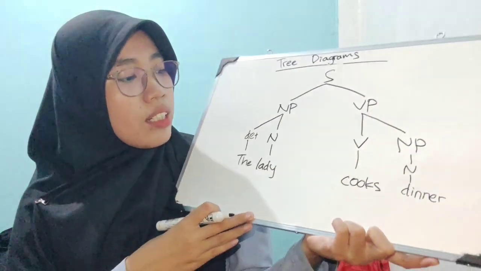So with this we already have a specific sentence, but it is still a simple sentence. I will also tell you about the tree diagram, because when we learn tree diagrams we can also learn the meaning of the sentence. Sometimes when we see a sentence we don't really know the meaning, but with tree diagrams we can learn about the meaning of the sentence.